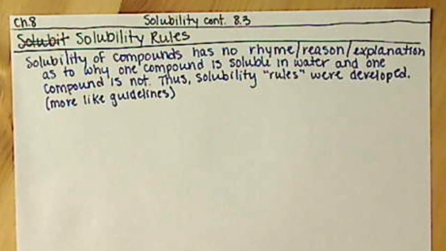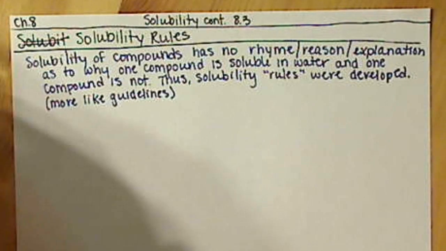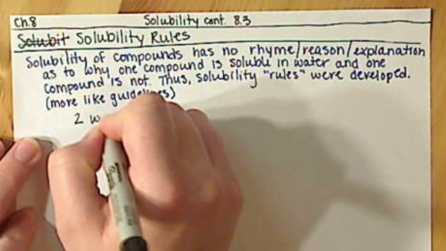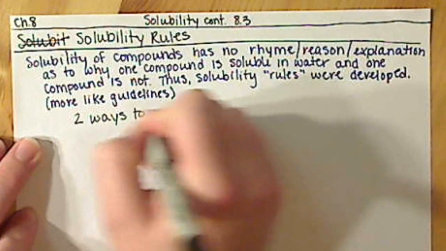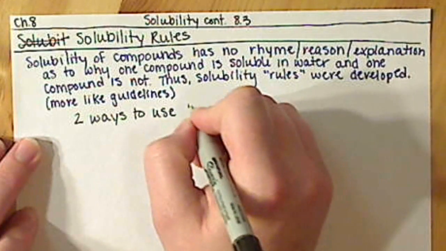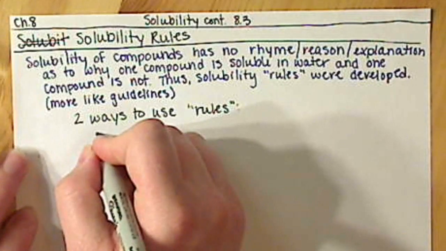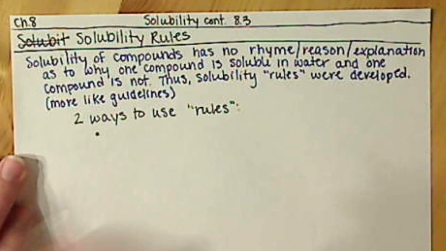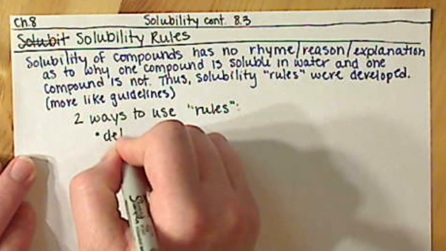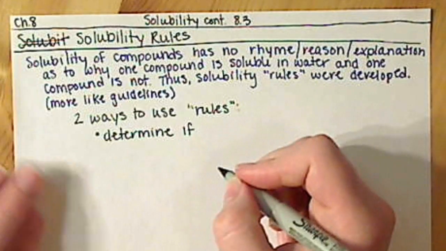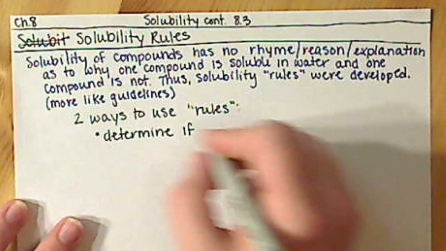All right, so we're going to use these rules in two different ways. The first way is we're going to just determine if a compound is soluble or insoluble.